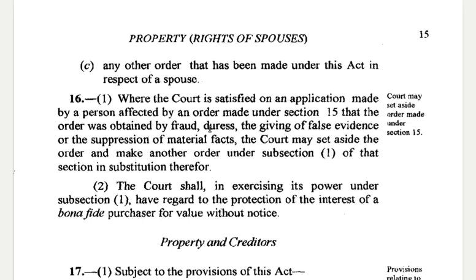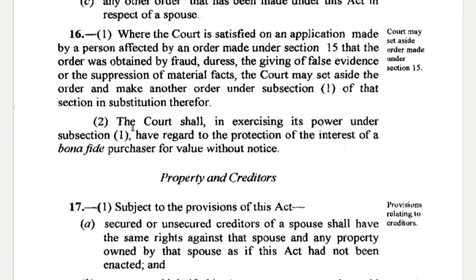So if the court finds that you had committed fraud or pressured your spouse or presented false evidence to your spouse in making that order, then the court may set aside your order and make their own order in substitution for yours.